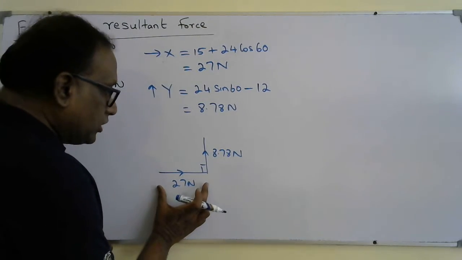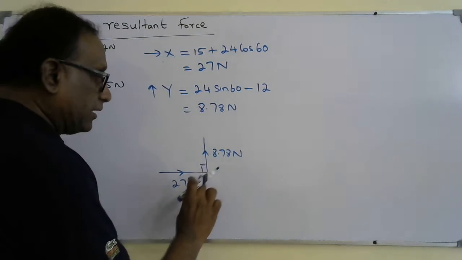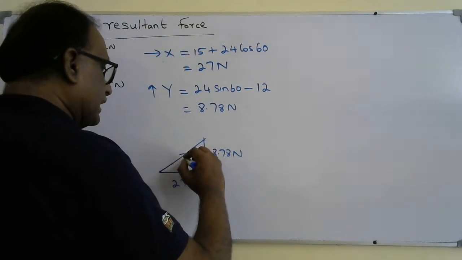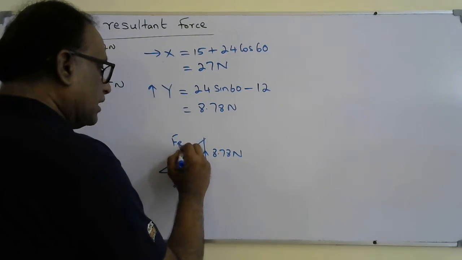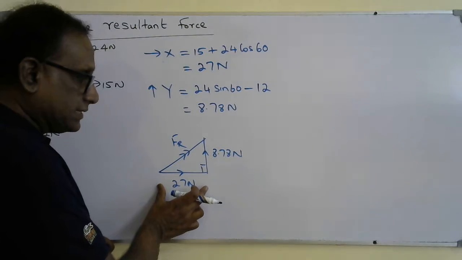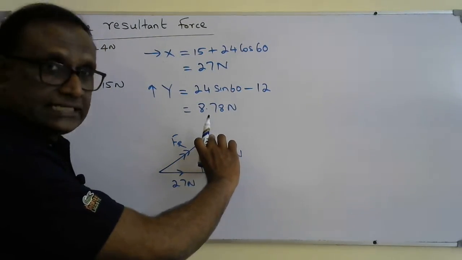I would have drawn 27 centimeter and 8.78 centimeter in vertical direction. So the resultant should be along this line. That's the resultant force Fr.